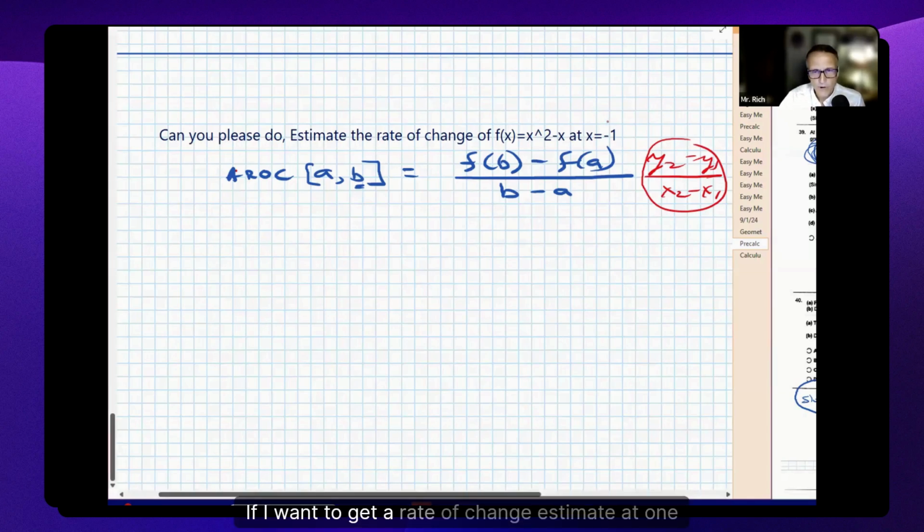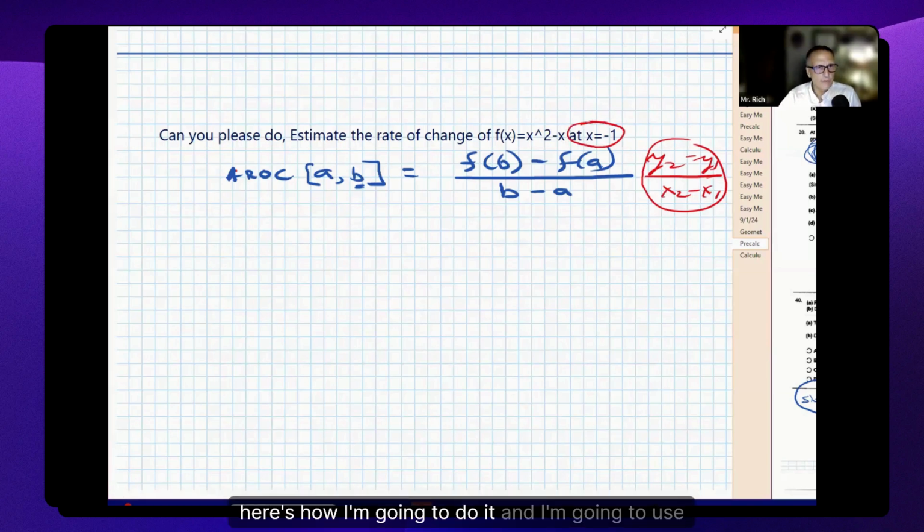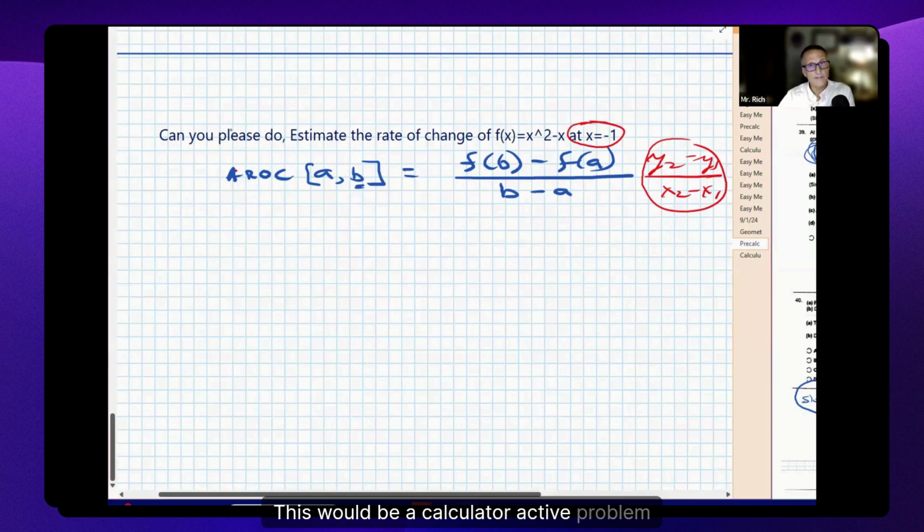If I want to get a rate of change estimate at one particular point, here's how I'm going to do it, and I'm going to use my TI-84 for sure. This would be a calculator-active problem on your test.